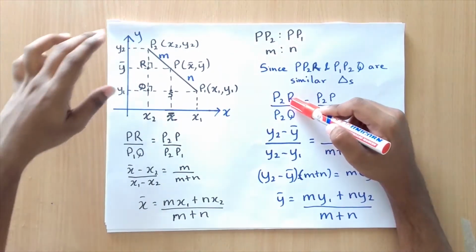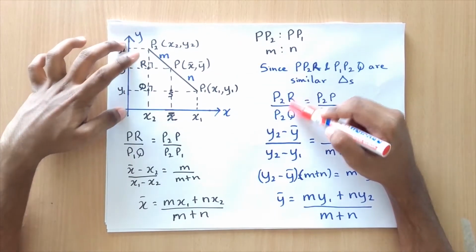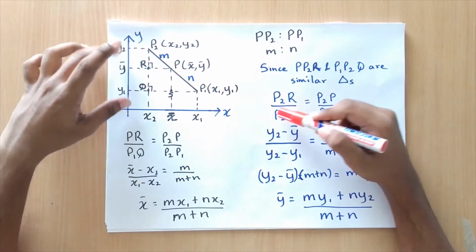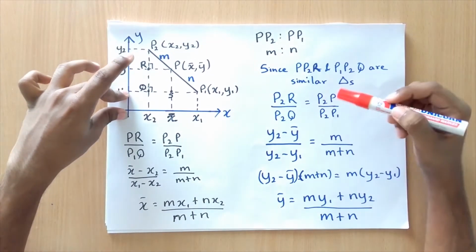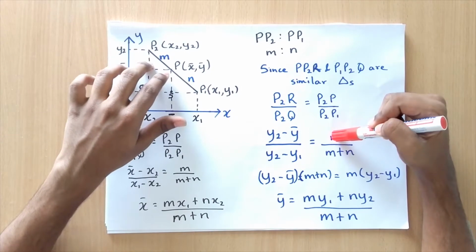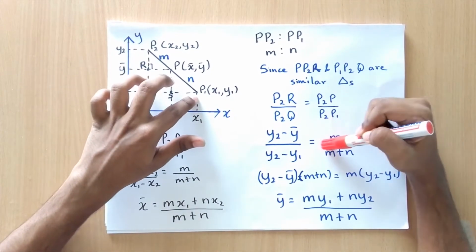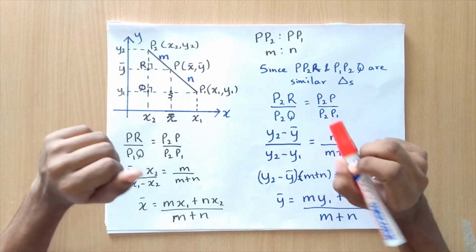So P2R can be written as y2 minus y bar and P2Q can be written as y2 minus y1. P2P is m and P2P1 is m plus n.